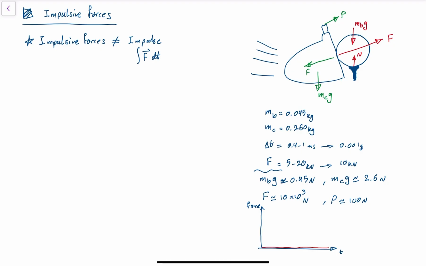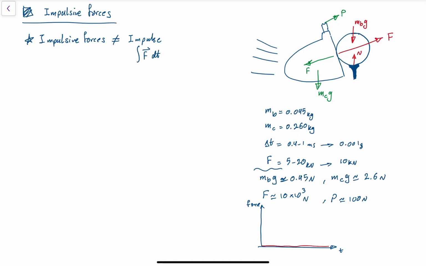Gravity on the club is also very small, 2 newtons, maybe this much. Well, maybe a bit lower. It's fine. The force P from the shaft is a bit bigger, 100 newtons. This is P. This is mcg. This is mbg.